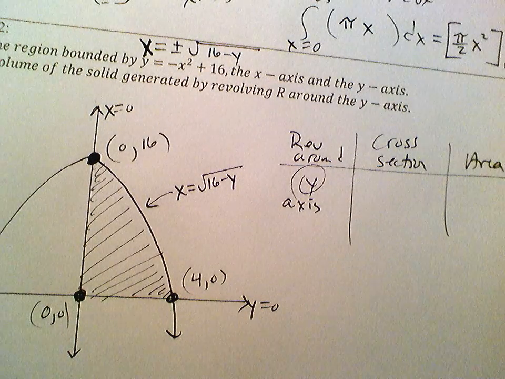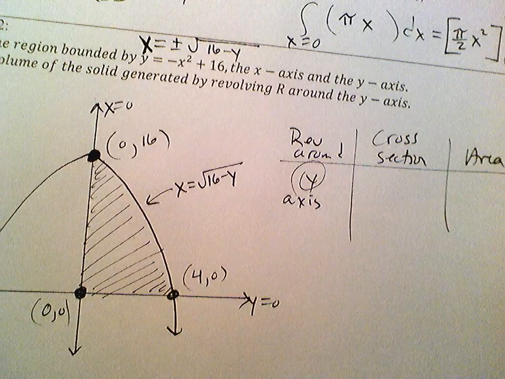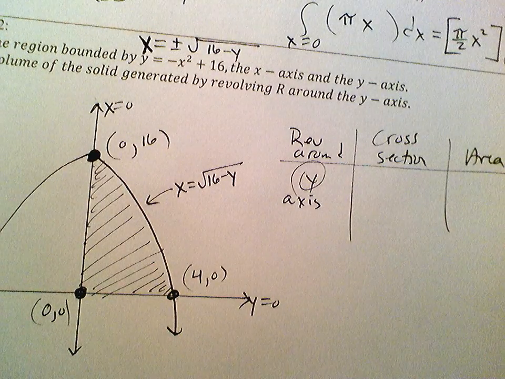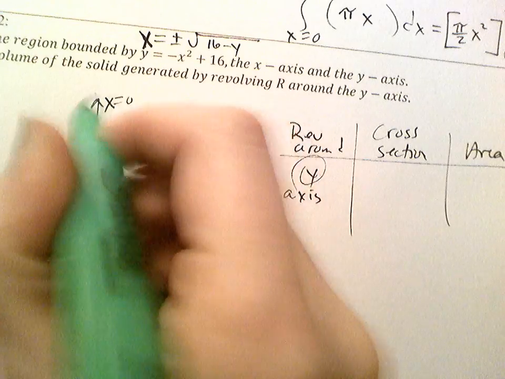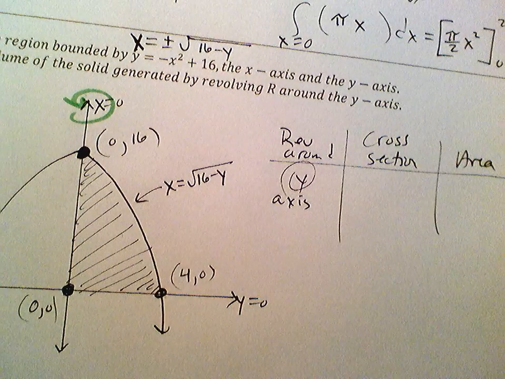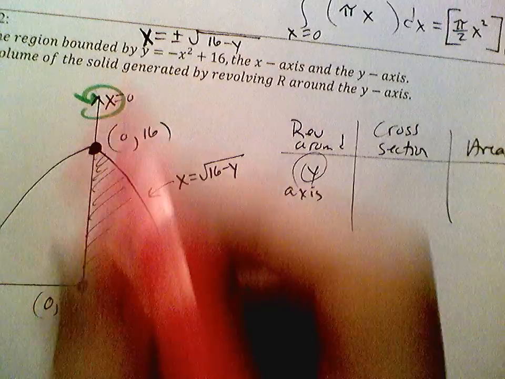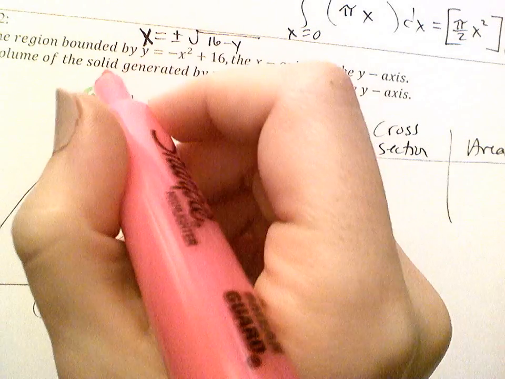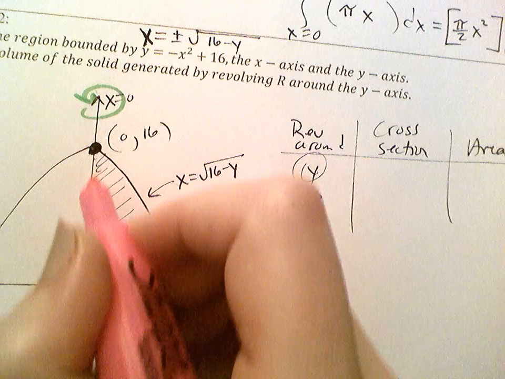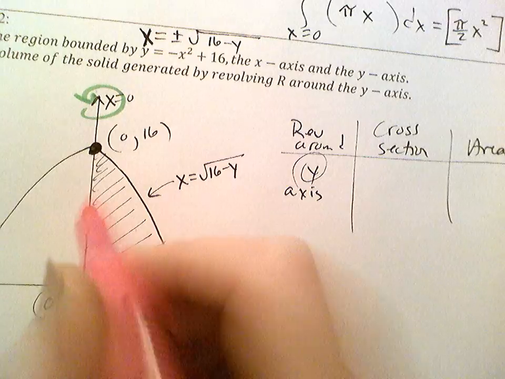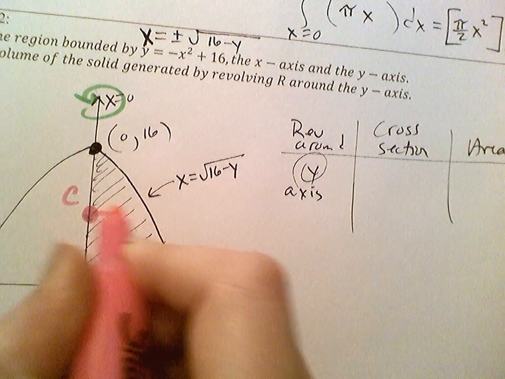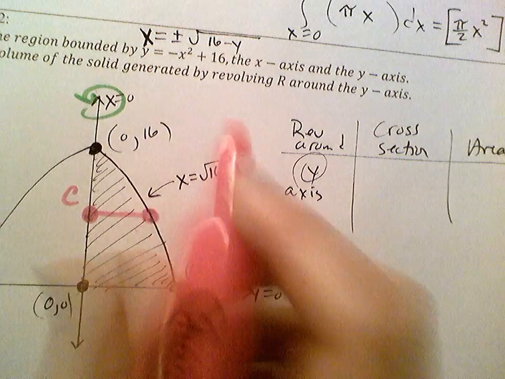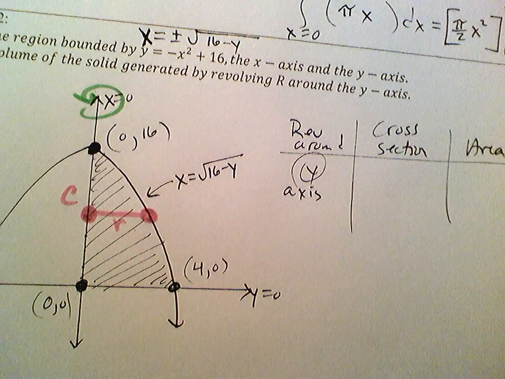Now, just like I did before, I'm rotating around the y-axis. So I go along the axis I'm rotating along and find a point. This is going to be the center of my cross section, and that will be the radius.